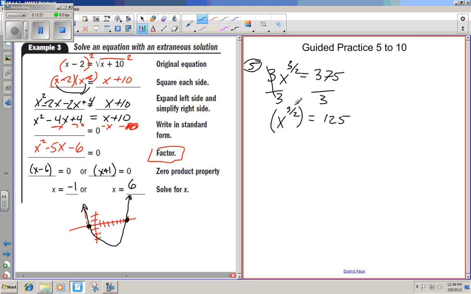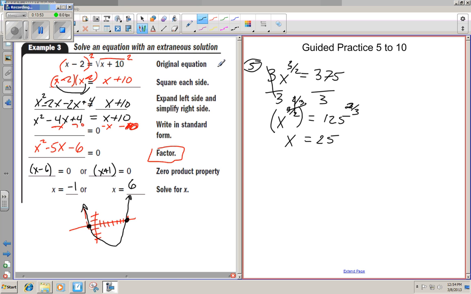We have to remember the reciprocal power, 2/3 power. That means the 2's cancel, the 3's cancel, and x equals, sorry, that should be a 2/3 power. So that should end up being 25. Your solution is 25. That's how that's set up.